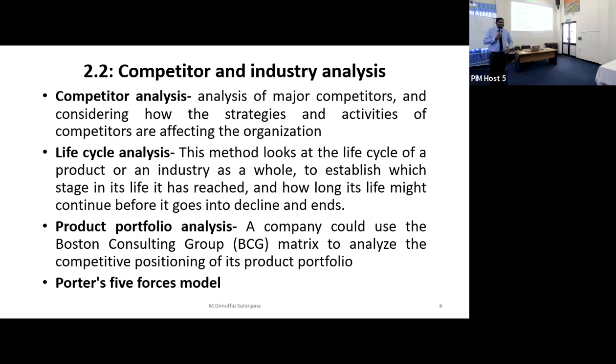Then teenager, child, teenager, the young, maturity, elderly, and finally die. Am I correct? But in a life cycle, that can also happen suddenly.